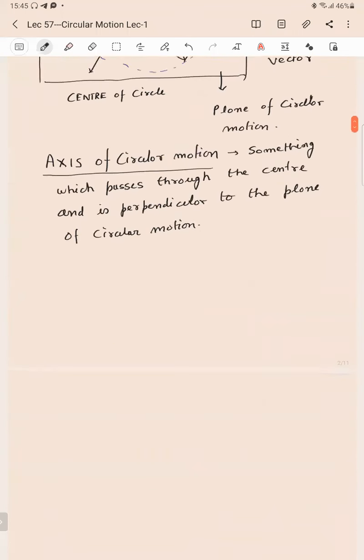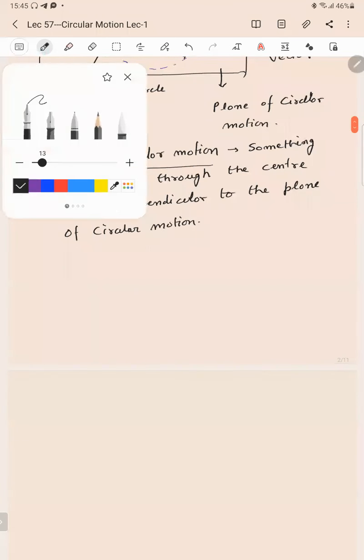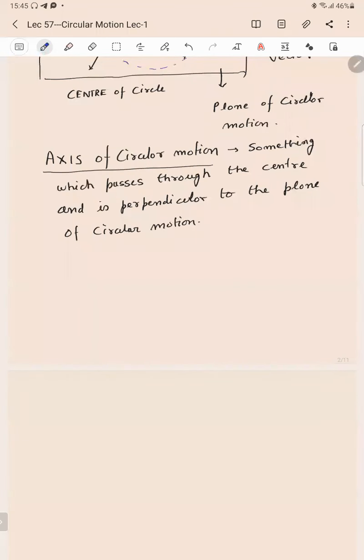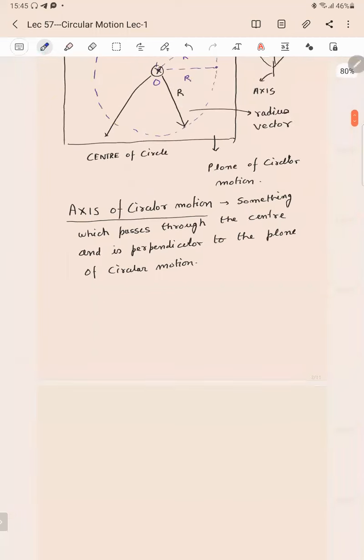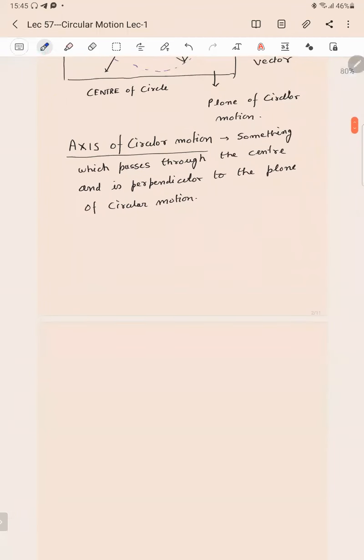Now I will teach you about the angular variables actually. So there are two families. There is one linear family. Similarly, there is an angular family also. So angular variables are quite connected in a manner as linear variables are. Okay.